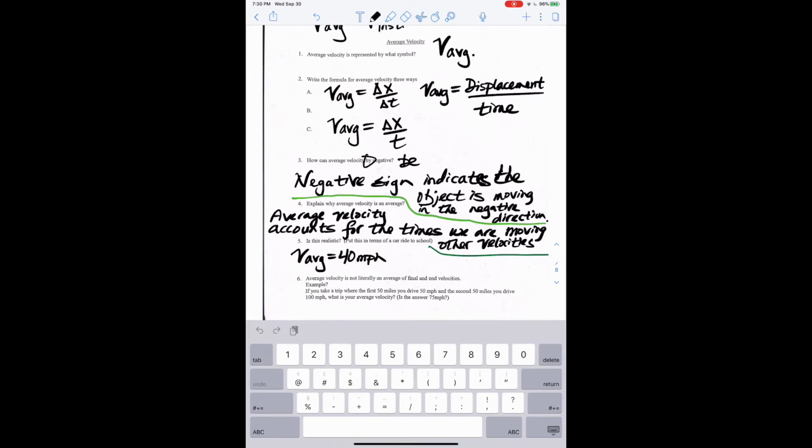Just a guess. And so is this average velocity realistic? We would say yes, because it accounts for stopping and slower speeds.